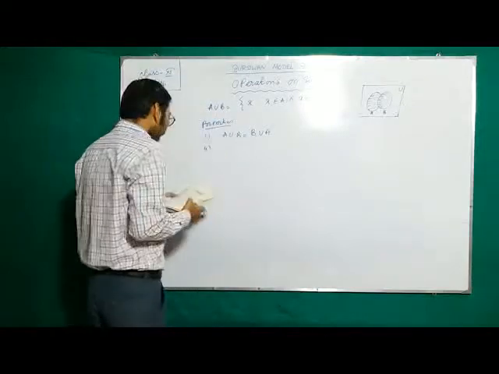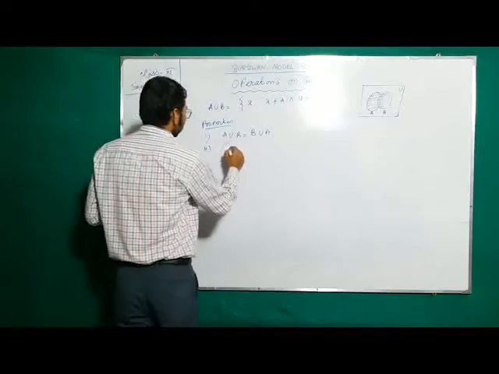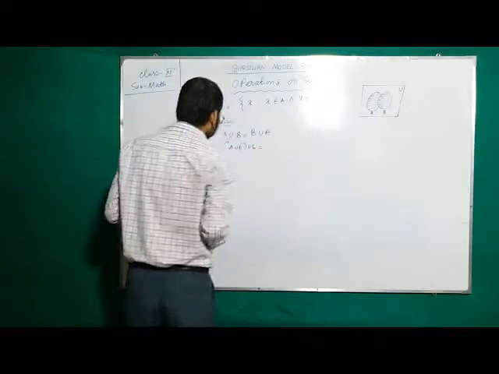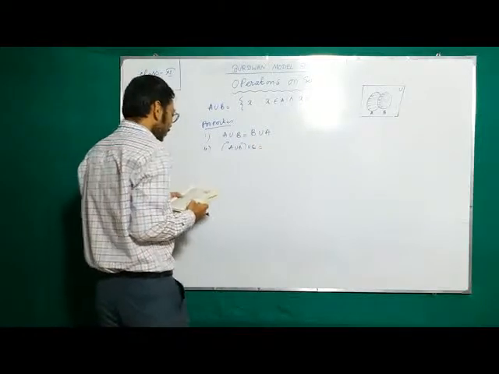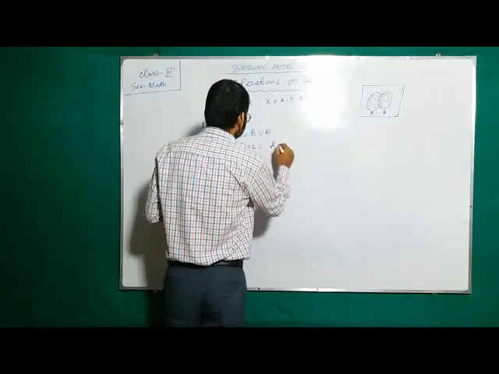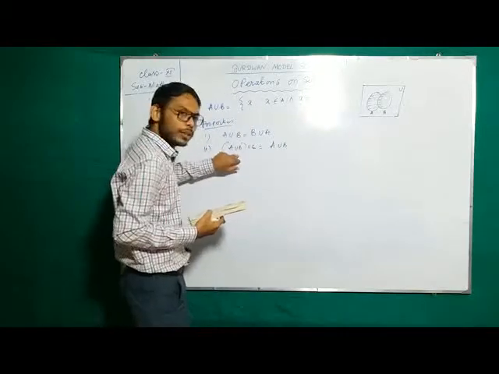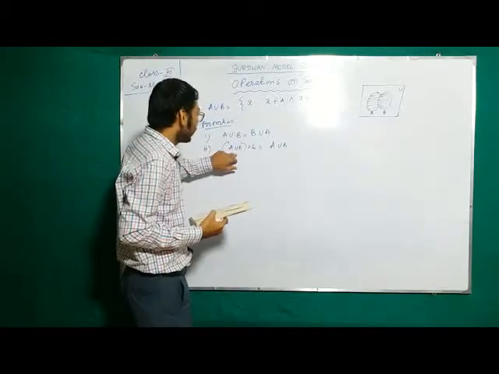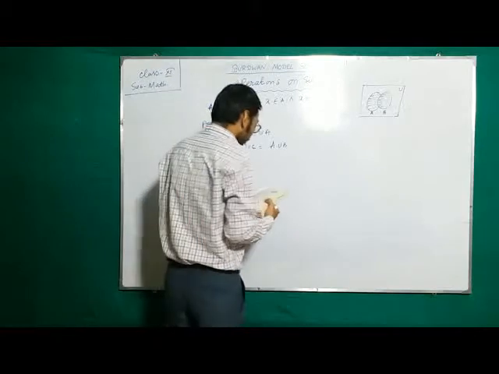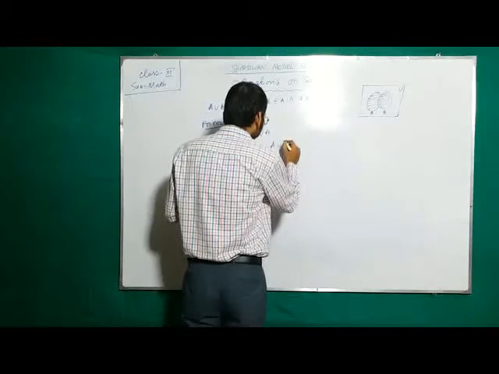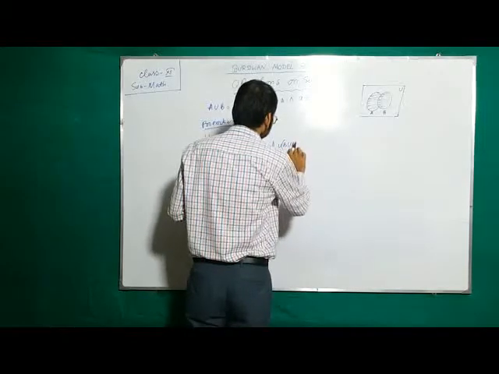Next one is the associative law. A union B union C equals, first of all A union B, we have done A union B, then the union is done with C, equals A union (B union C).